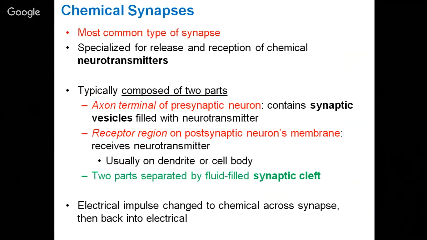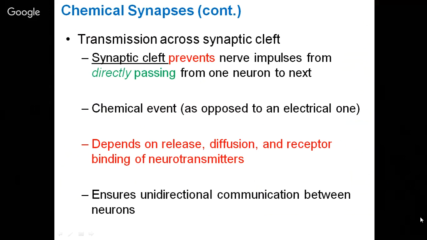With regard to the chemical synapses, the electrical impulse is changed to chemical across the synapse and then back into electrical. So that is how the transmission happens. Continuing with the chemical synapses, the synaptic cleft is important because it prevents the nerve impulses from directly passing from one neuron to the next.